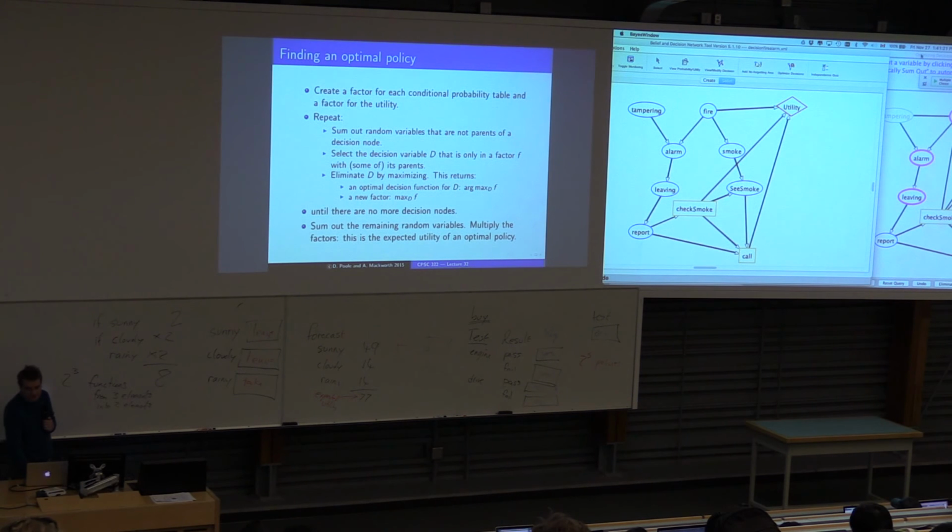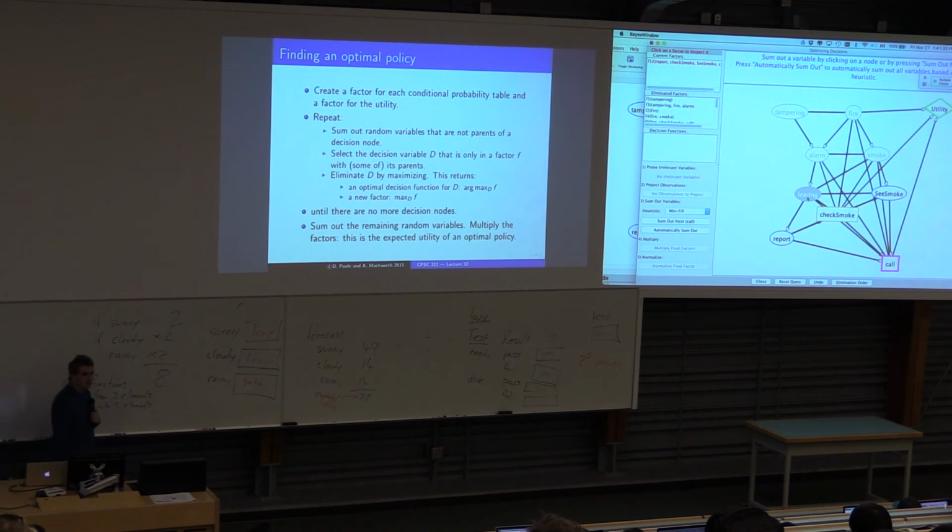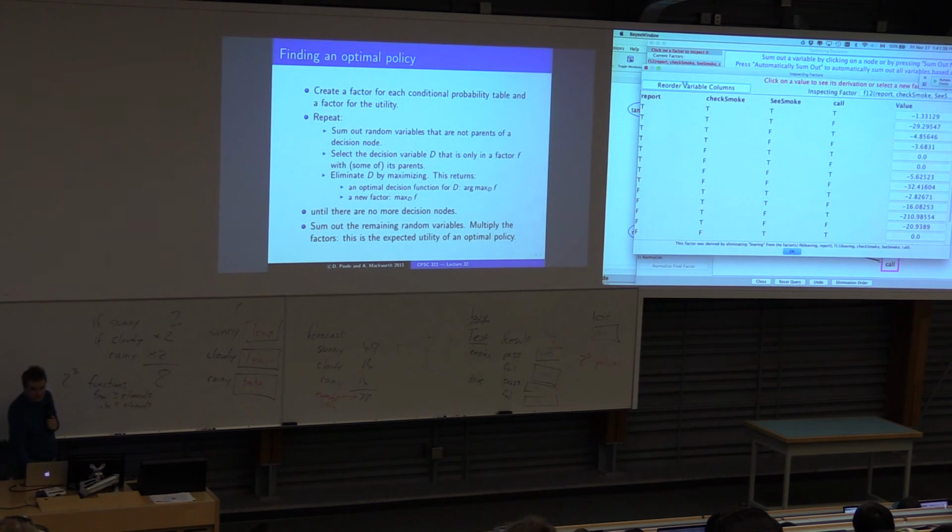They're the only parents. So you can sum out fire, alarm, smoke, and leaving. If you look at this, we end up with this table here, which is just the normal variable elimination from before.